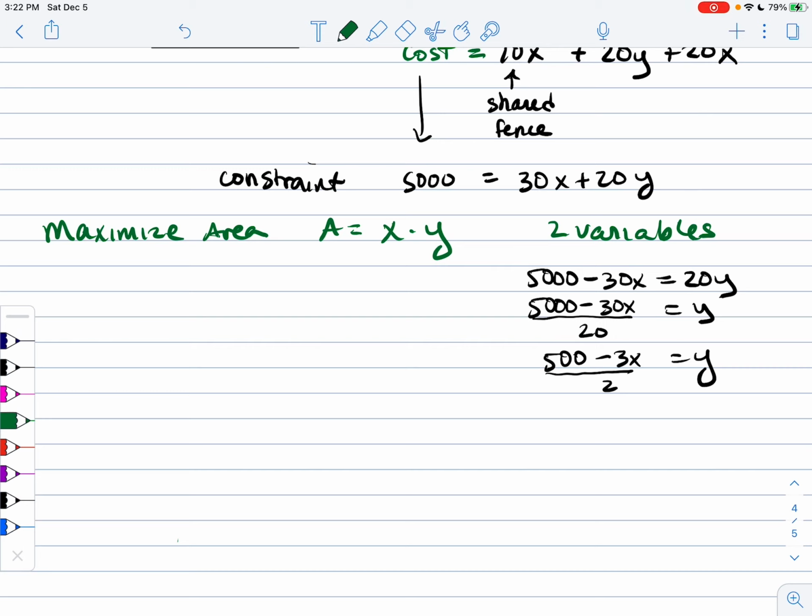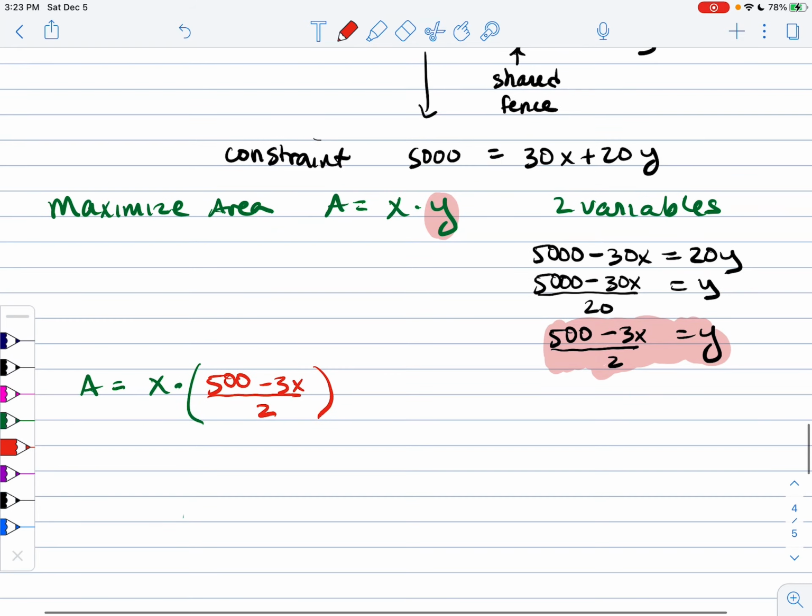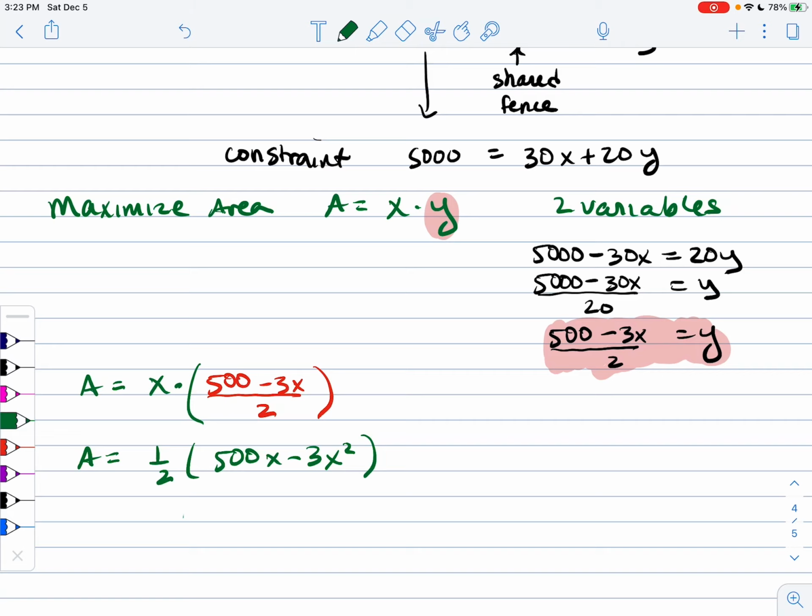So I can now transform my y value into an x expression based on the constraint to get area equal to x times (500 minus 3x) over 2. So if I just clean things up so I can take derivatives, my area is going to give me 1/2 times (500x minus 3x squared). Good. And now I want to maximize that.